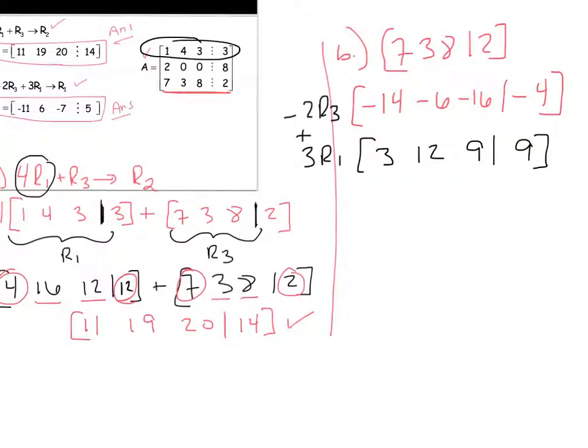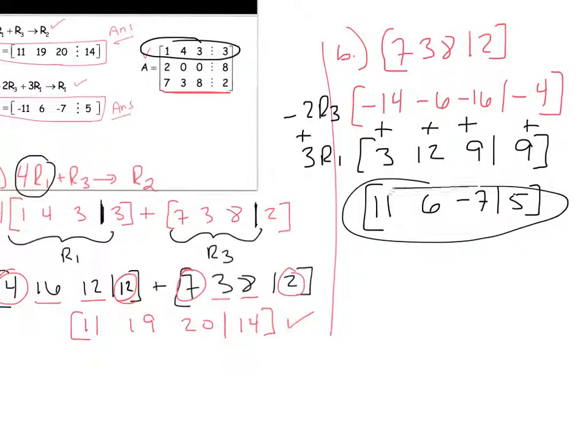Now I'm just going to add these together, and this is going to be my new row 1. So -14 and 3 is 11. -6 and 12 is 6. I'm doing it vertically. This is going to give me a -7, and this is going to give me a 5. Okay, and these are the basic skills when we're doing row operations that are going to allow us to solve these systems.